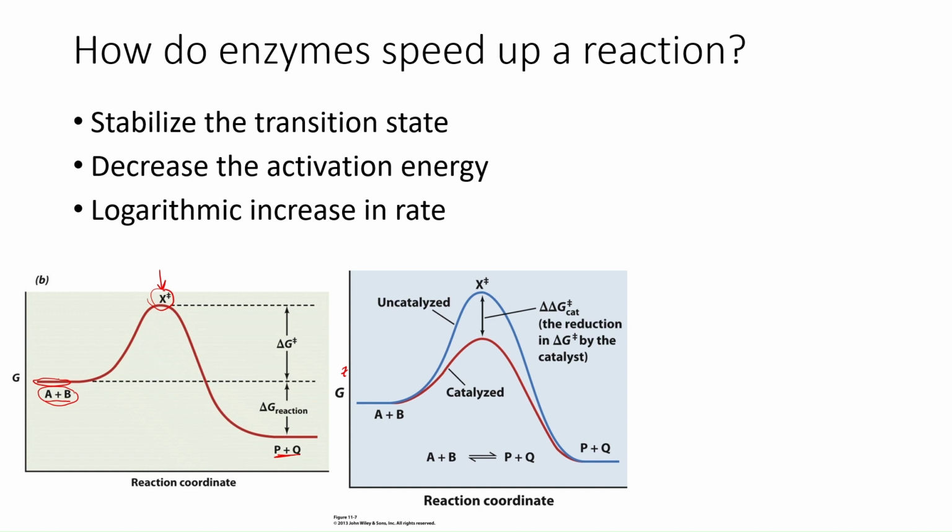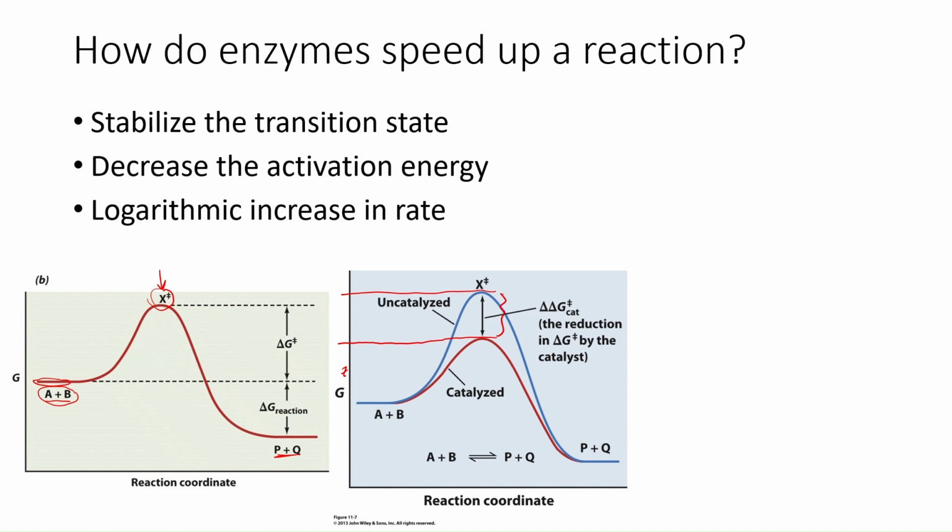And so you can see that the one difference between the catalyzed and the uncatalyzed reaction is the change in the activation energy required, right? The catalyzed reaction has a much lower energy level for its transition state as compared to this uncatalyzed reaction. And so this here is the difference in energy that the catalyst helped create, right, by making that lower energy transition state.